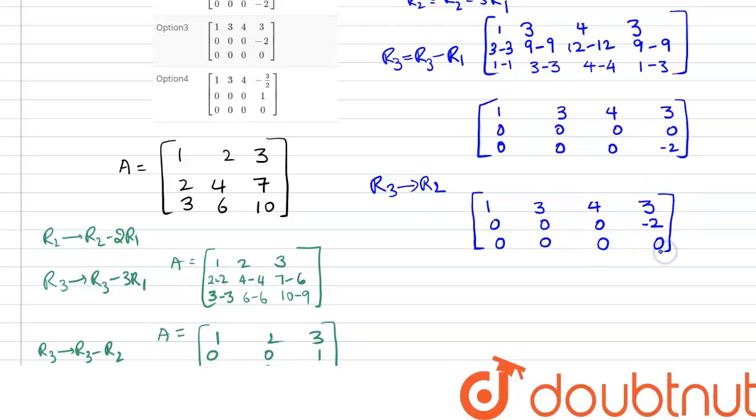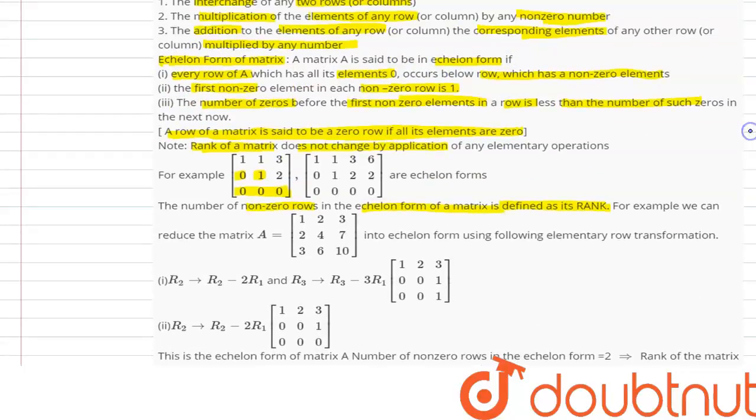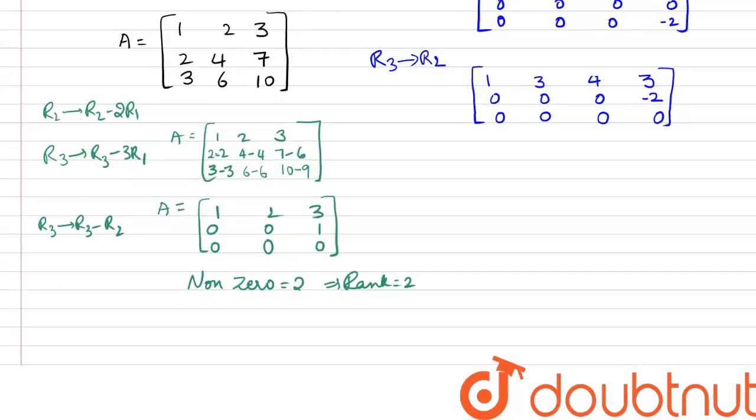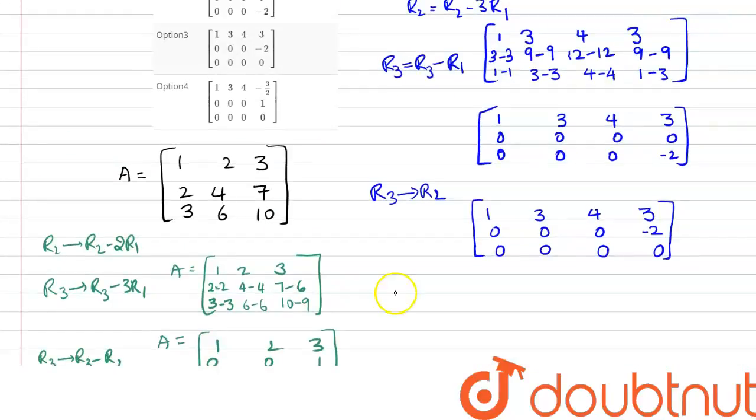Now here we have to transform it into echelon form. What is the one condition that is not satisfied by echelon form? The first non-zero element after the zeros should be 1. Here we have minus 2. That means we can multiply R2 by minus 1 by 2.